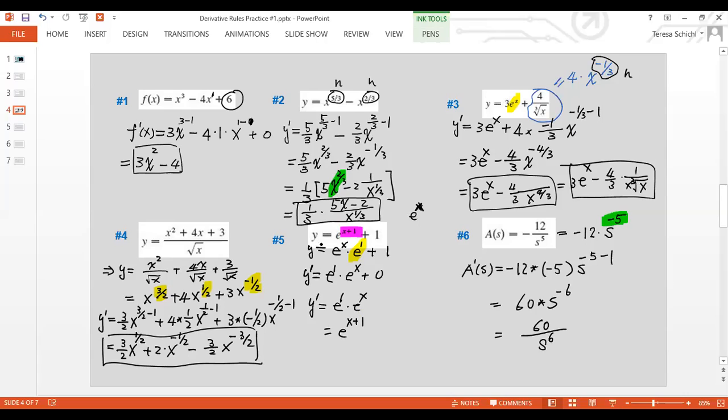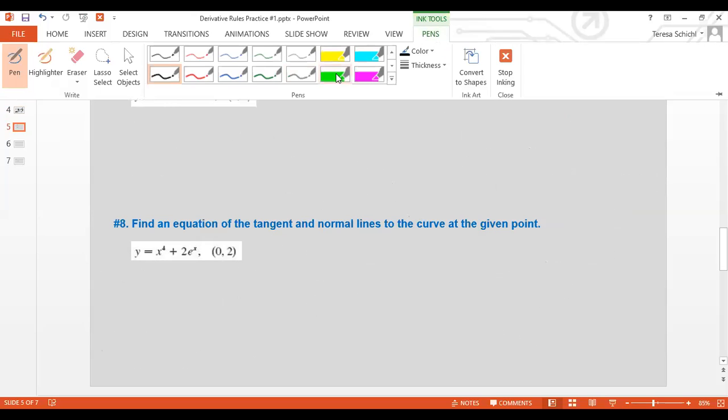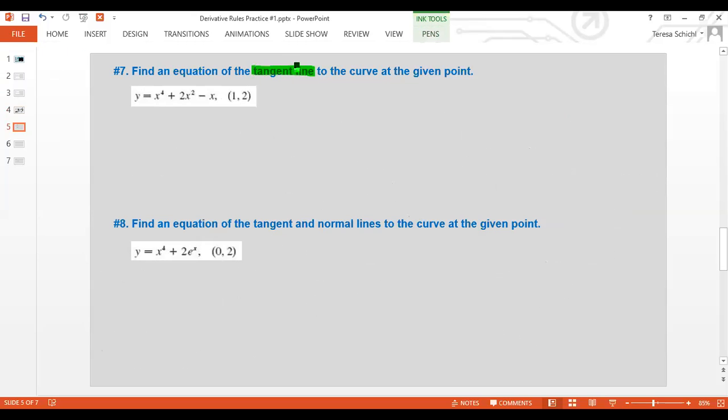All right, so those 6 problems are very mechanical. I just want you to practice the 3 basic formulas we just talked about. Okay, so now let's take a look at these ones here. Let's say find the equation of the tangent line to the curve. If you still remember when we did the definition of the derivative, what does the derivative mean? The derivative is the slope of the tangent line, right?